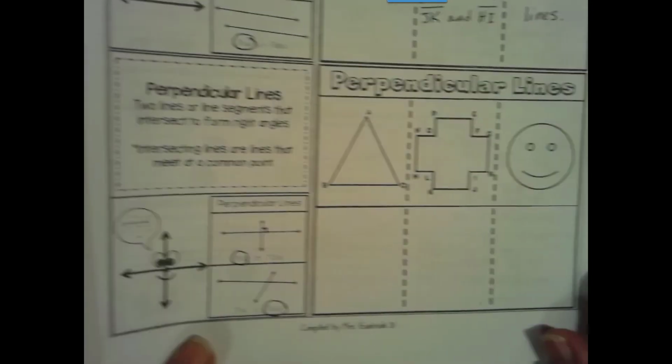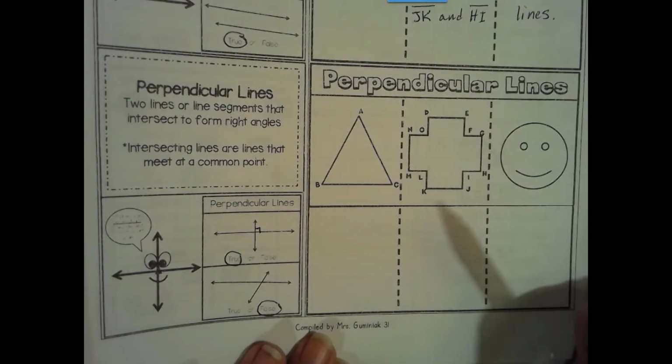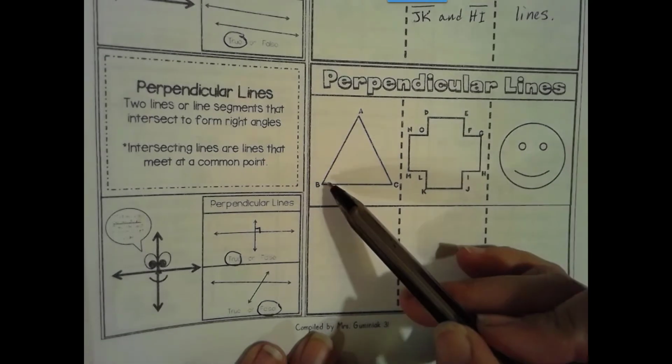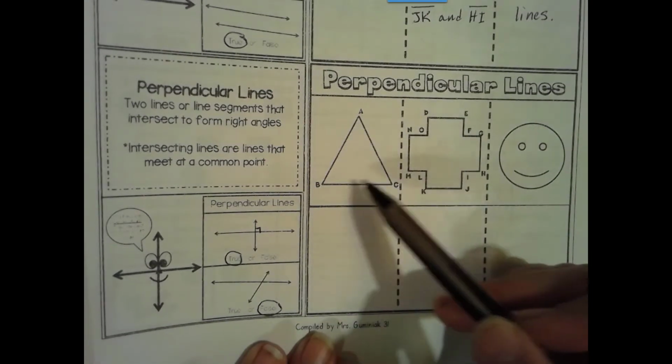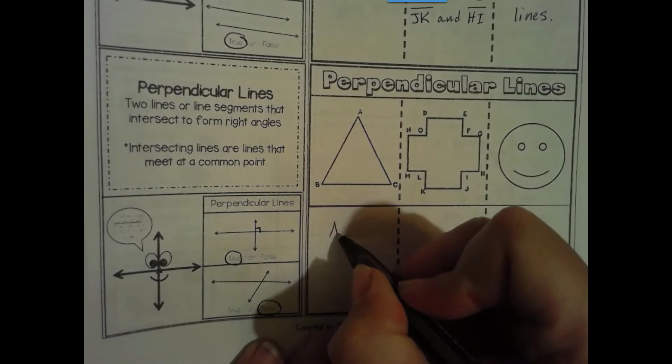Okay, now in these shapes, we want to look for our right angles to see if we have any perpendicular lines. Well, all of these are actually acute angles. We have no right angles. So can we name perpendicular lines? Oh, there's none.